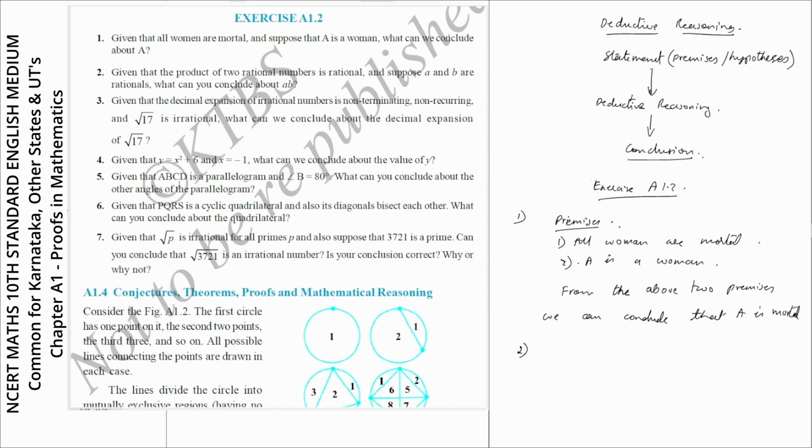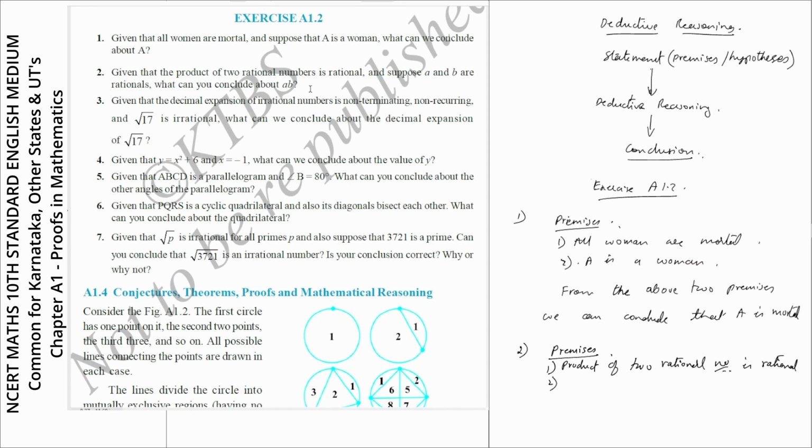Exercise A 1.2. Given that the product of two rational numbers are rational numbers and suppose A and B are rationals, what can you conclude about AB? So what are the premises given? Premises or the hypothesis or the statement. What are those? Product of two rational number is rational.